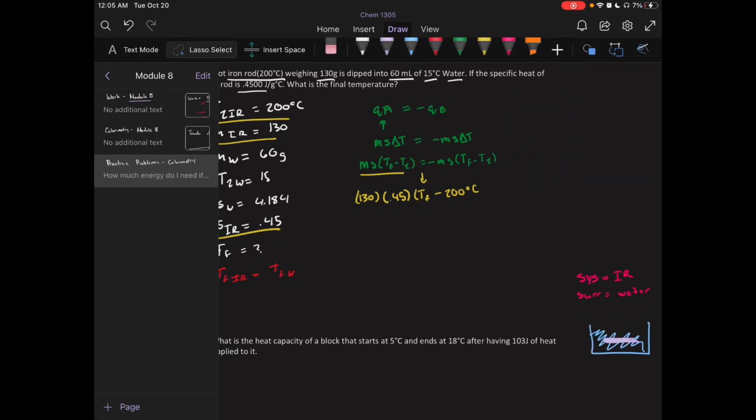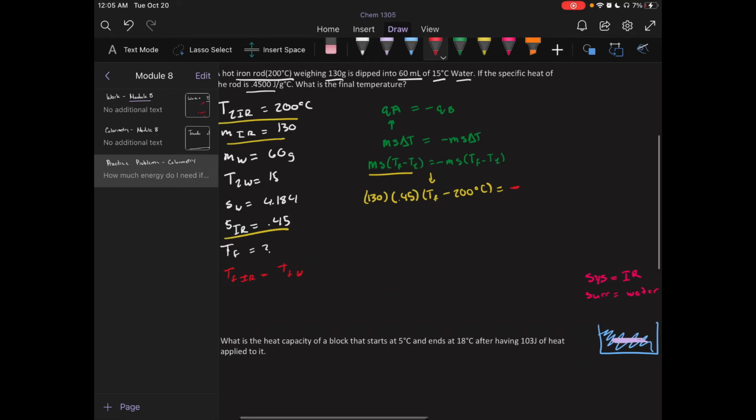So this is your iron rod, and that is equal to negative MSAT. Let's use red. Negative mass of water is 60, times the specific heat of water, 4.184, times the final temperature. We don't know it, but we know it starts at 15 degrees Celsius.